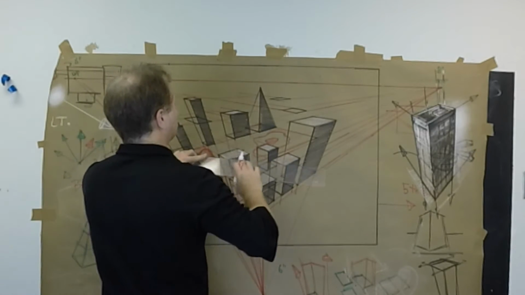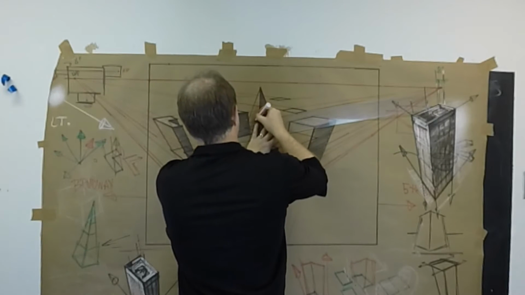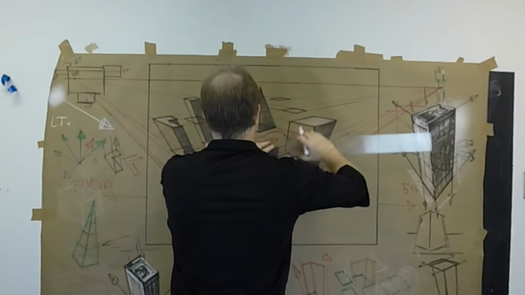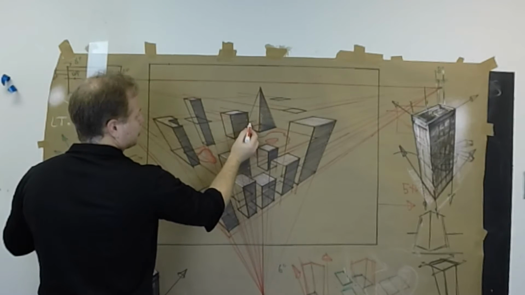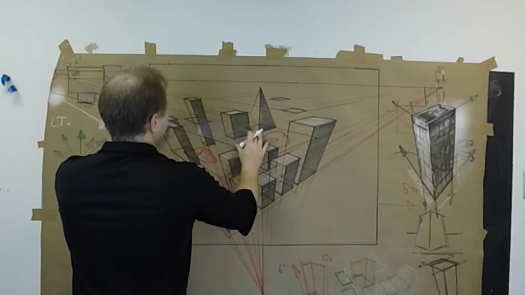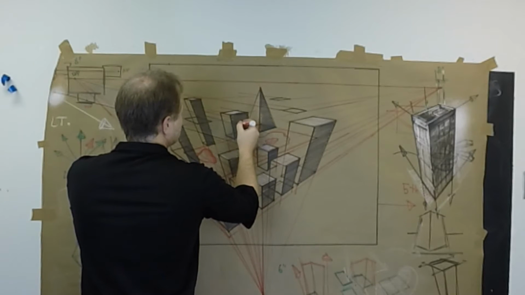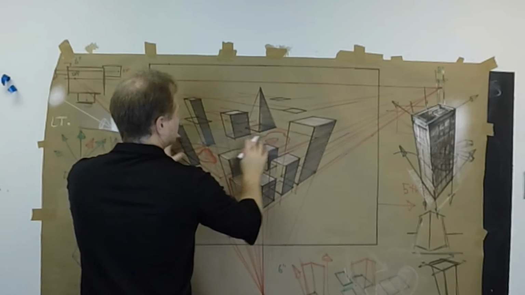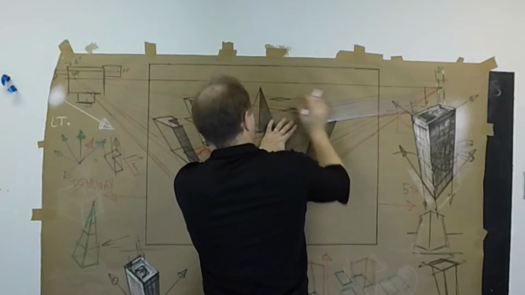So let me thrust a convergence line, let's say here. So that's going to be the front plane of our building with enough distance between the back of the building and the front of this one to have plenty of space where people can walk through. And then I'll come over and use my left vanishing point, and I'll use this convergence line right here at the back of the building, which will be right here as I line it up.